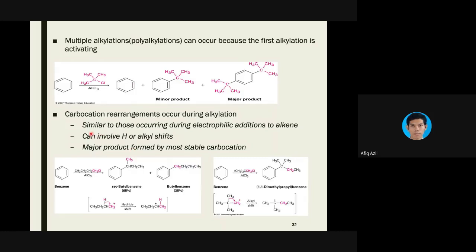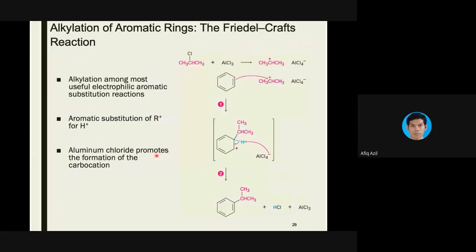And the last one is that carbocation rearrangement can happen during alkylation. It is similar to what occurs during electrophilic addition to alkene, and it can involve either a hydride shift or an alkyl shift. The major product formed will come from the more stable carbocation. Where does the carbocation come from? It comes from this.